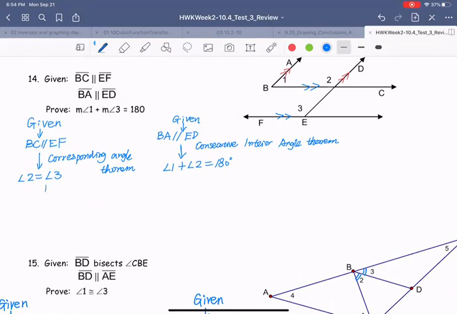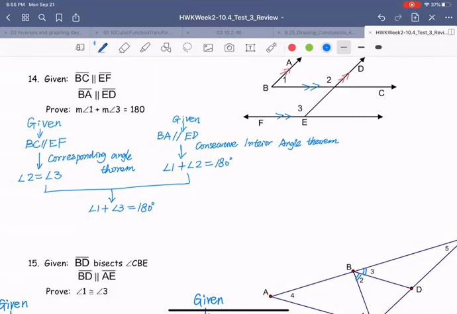And then you could put angle equals 180 because of the, I forgot what it's called, but it's like A equals C. What's that name?